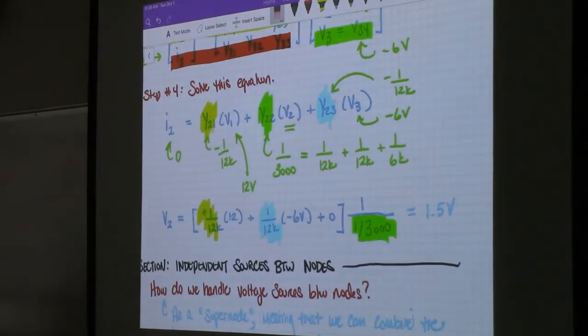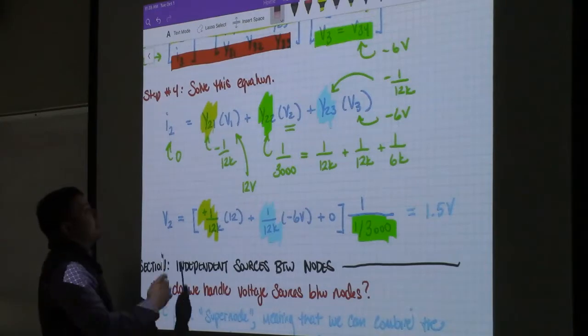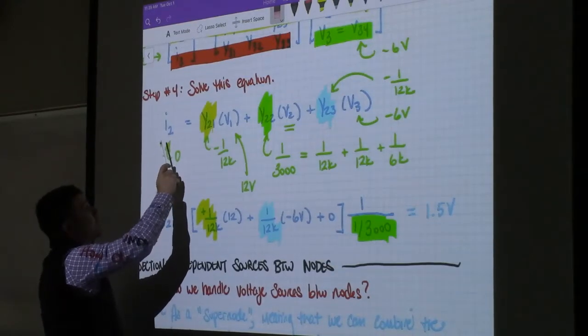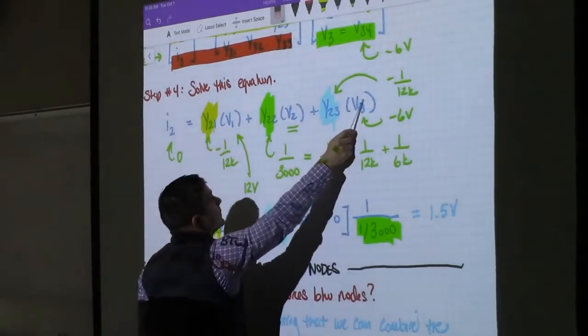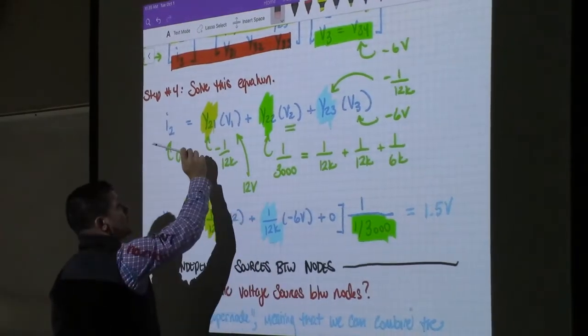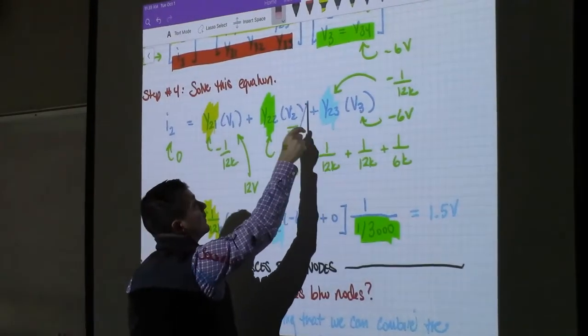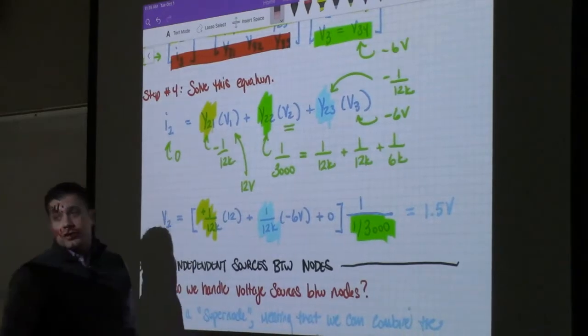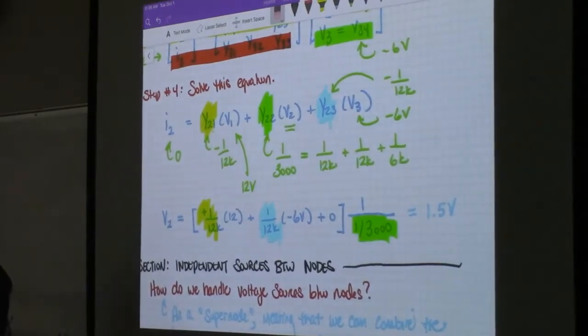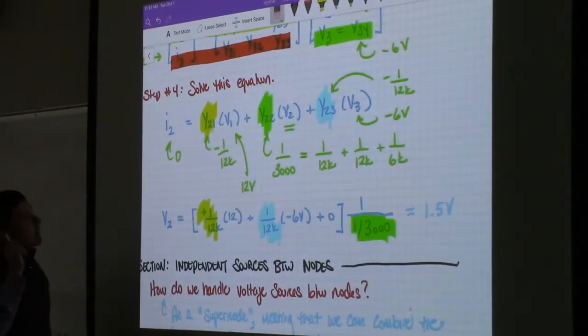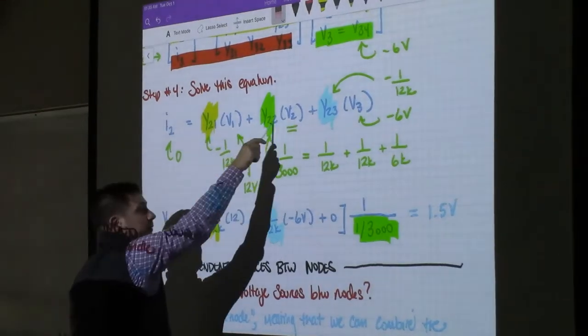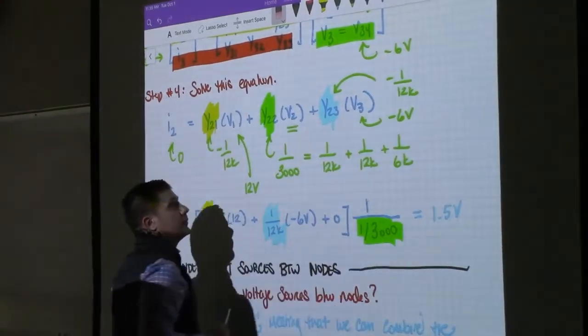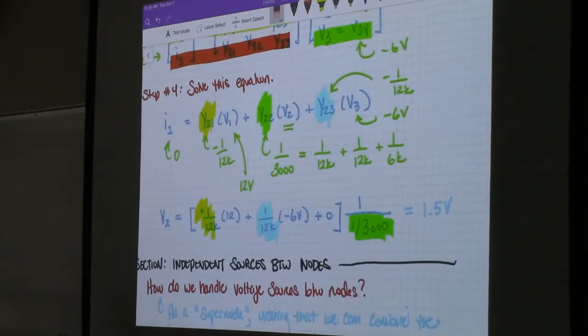So what we did here was just sub in the values that are known from looking at the circuit, and we also used by inspection to get this, and this, leaving us only one unknown, which is V2. And then we rearranged things. I highlighted where things went, just using algebra.